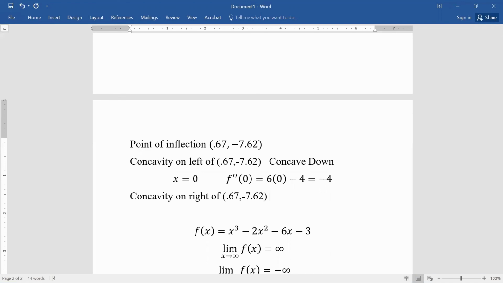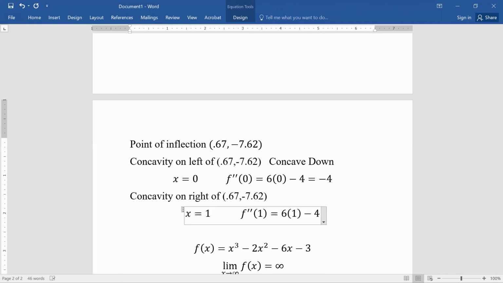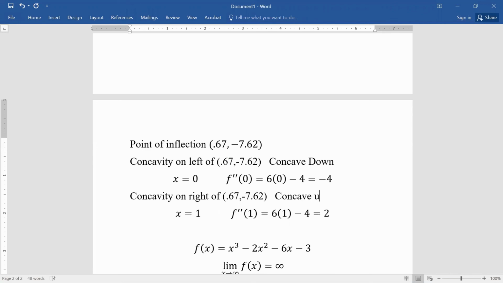Plug 1 into the second derivative. 6 times 1 minus 4 is 2, which is positive. That means that to the right of this point, my graph is concave up. So the point of inflection tells me concavity.